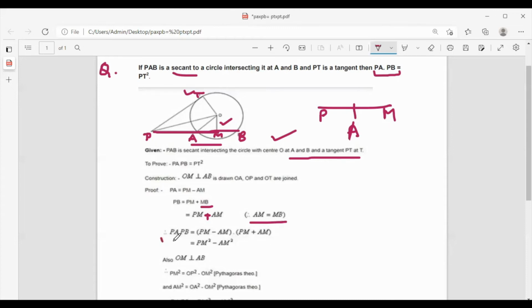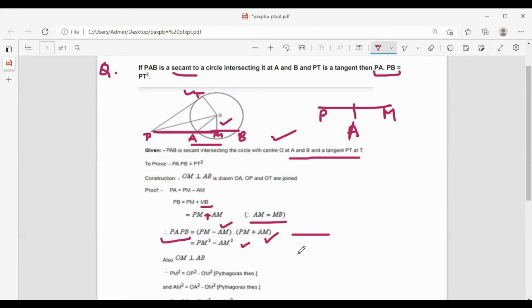Now we will put the values of PA and PB together. PA is PM minus AM, and PB is PM plus AM. This is the formula (A minus B)(A plus B), which becomes A square minus B square, that is PM square minus AM square.